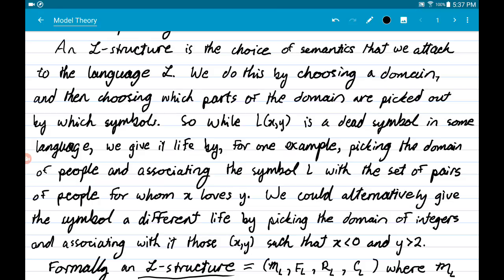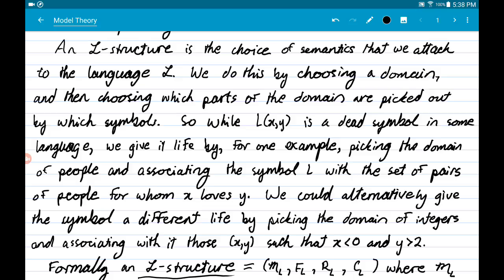Some of the symbols will refer to subsets of the domain, and some will refer to subsets of the Cartesian product of the domain with itself, and so on. It's a little complicated, and so I am sweeping some things under the rug when I phrase it this way, that the symbols are going to pick out parts of the domain. I'll flesh out those details in a minute, but I want to say it somewhat simply to begin with.